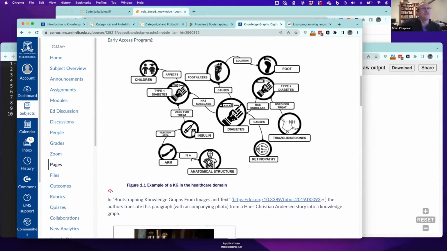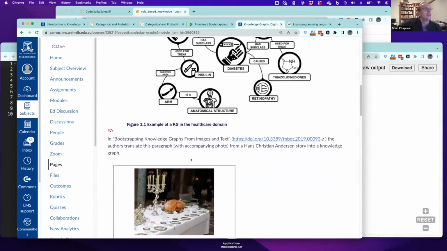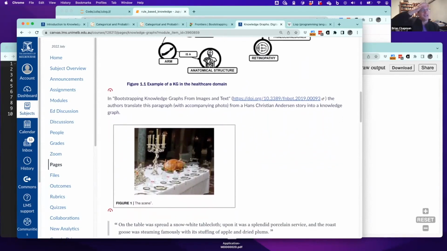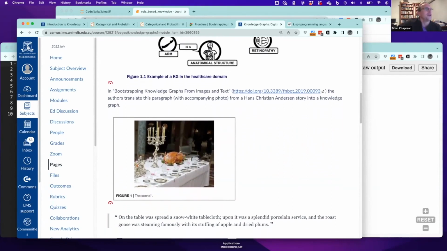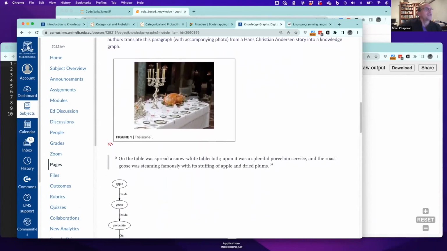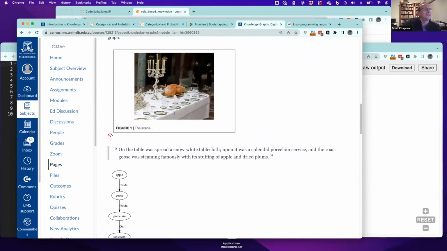Okay, so let's try to do this in practice. Here's a recent paper where they're taking Hans Christian Andersen's story and representing it in a knowledge graph. Picture this as our physical scene.